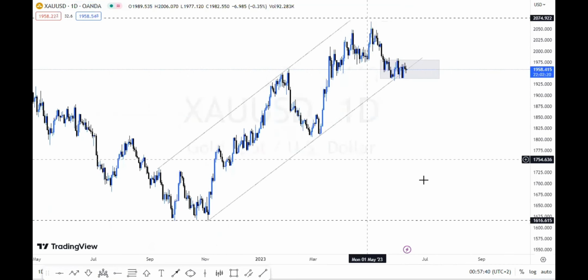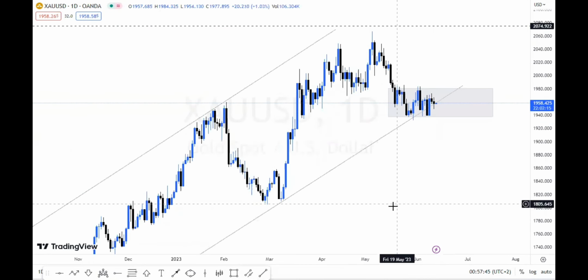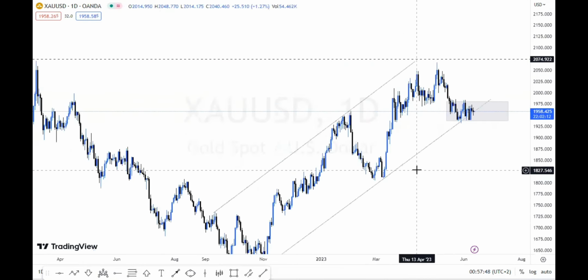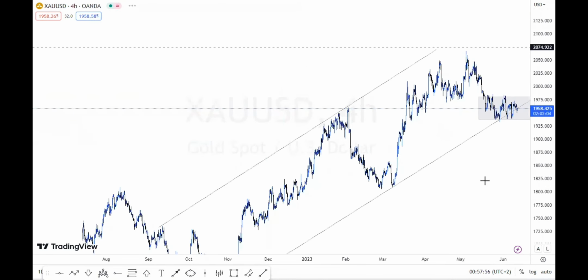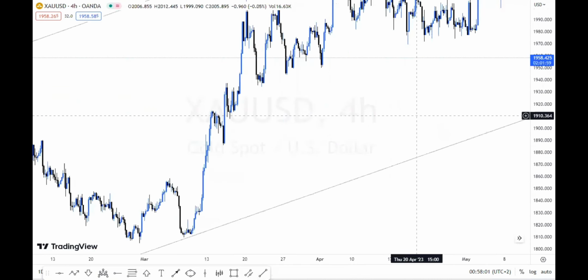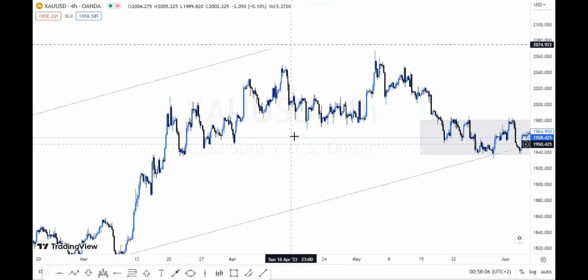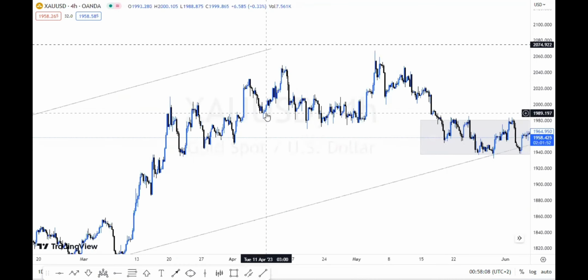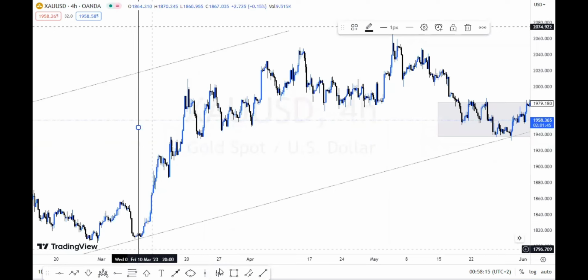But to just break it down and have an idea who's really in control, let's go down to the 4 hour, because on the 4 hour now you can understand the market structure and everything. So on the 4 hour, I'm gonna have this.